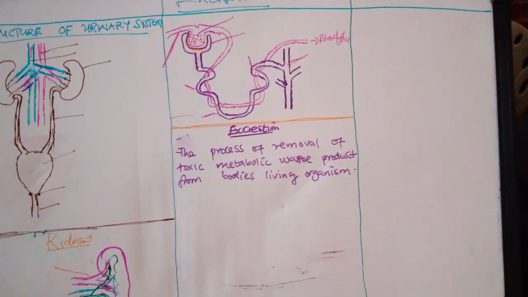Now remember in digestion, I told you that there are some terms which you need to be familiar with when you are writing an essay. So even here, when you're dealing with excretion, there are some terms which examiners look for when they are marking. Here there are only two terms which you need to understand.